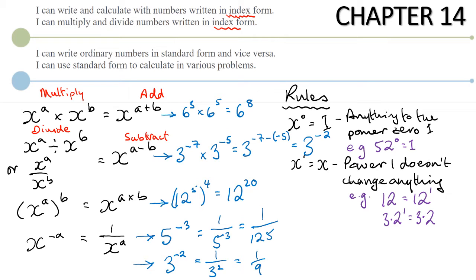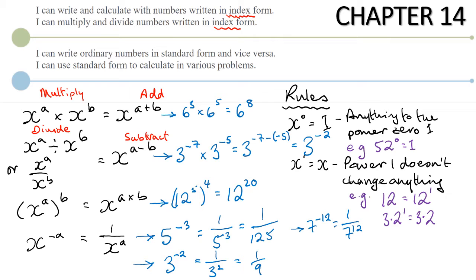So sometimes you can do that. If I had something like 7 to the power negative 12, I'd write it as 1 over 7 to the power 12. That's probably not something I'd be able to work out, really I'd need a calculator for that. So that's the first bit.